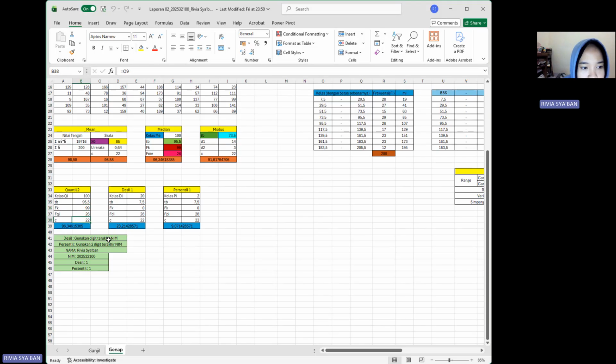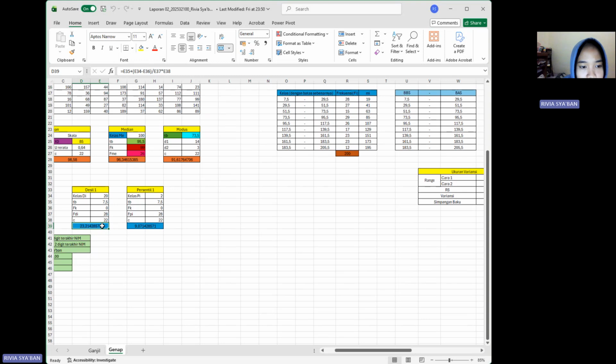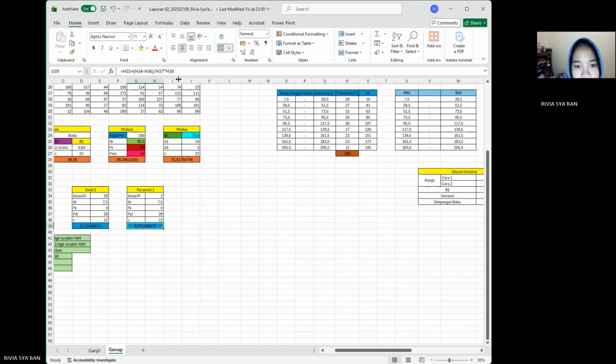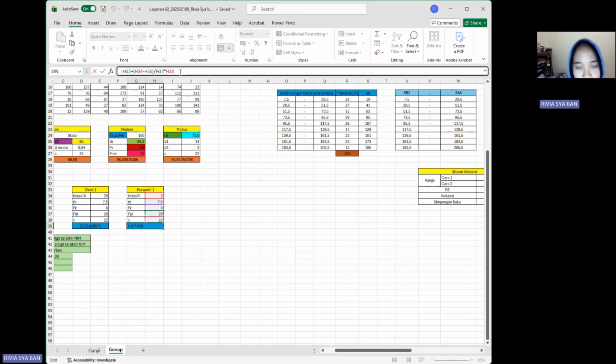We get quartile 2 at 96.35, decile 1 at 23.21, and for the percentile, using this formula, it is 9.07.